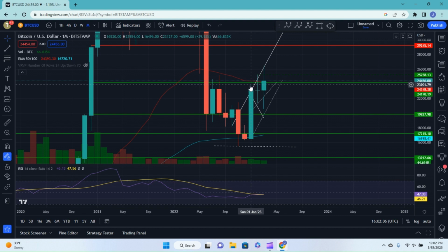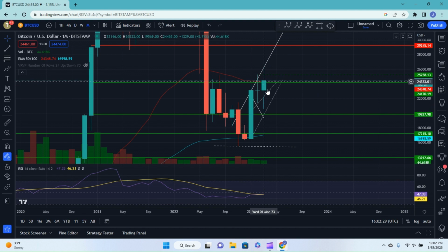We actually pushed up to here, and then we had selling pressure that pushed us back down. This month was a spinning top candle where we had sell pressure and buying pressure, and we just pretty much were right in the middle. So that's telling you there's indecisiveness in the market. Typically, when you have a spinning top candle, you have a reversal in the market.